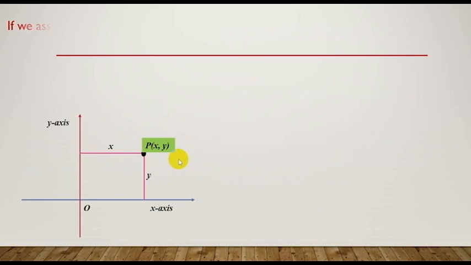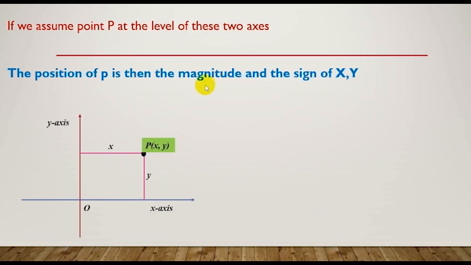Suppose I have that one, and we have a point at the level of those 2 axes, and we need to change that from Cartesian to polar.